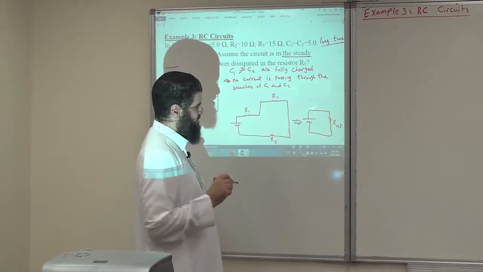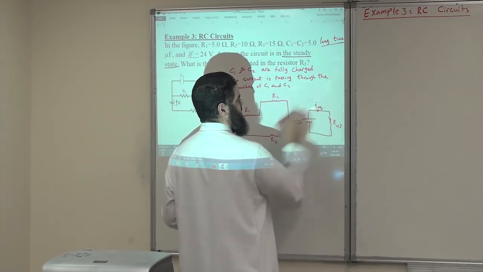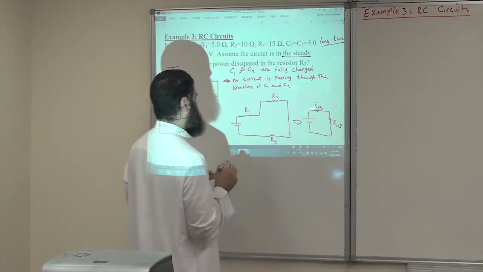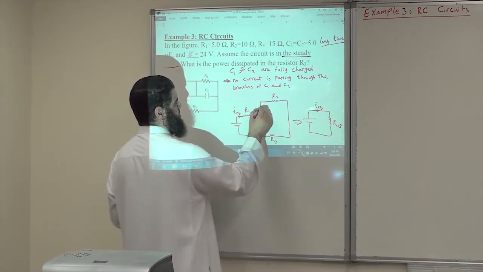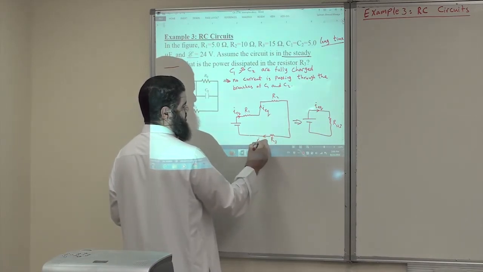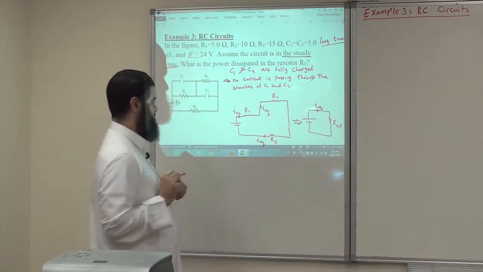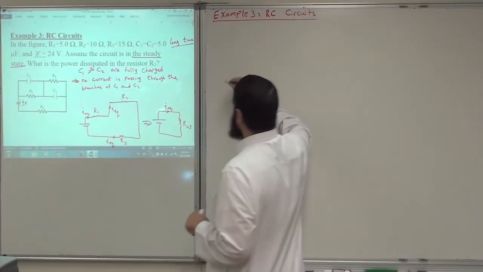And we can find what is I equivalent. This I equivalent will be passing through the three resistors. It is the same current which will pass through the three resistors. So how much is that I equivalent?